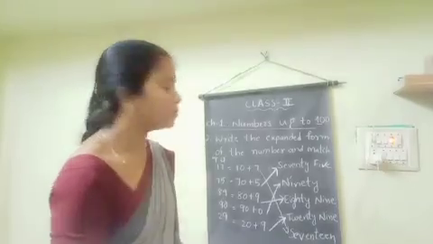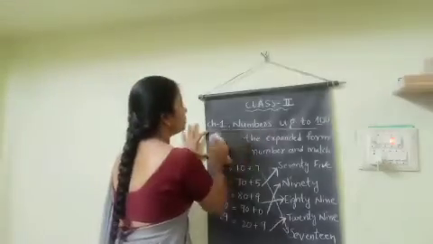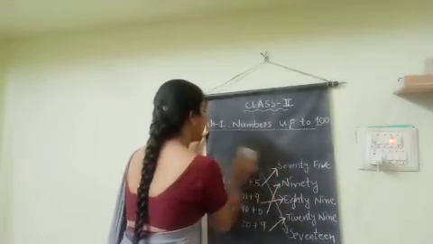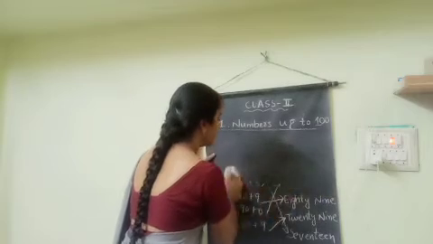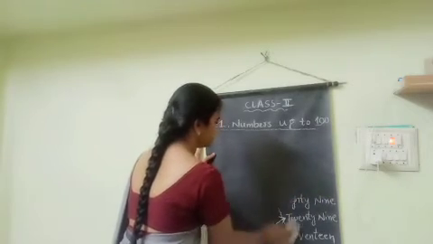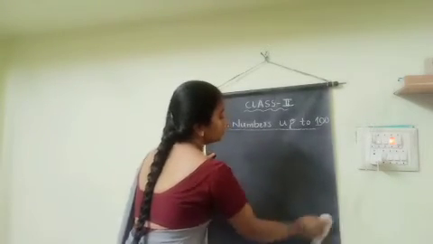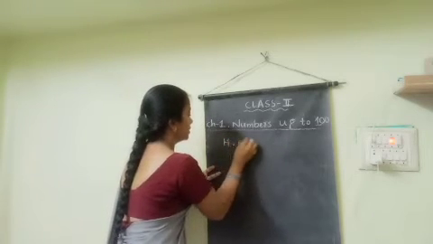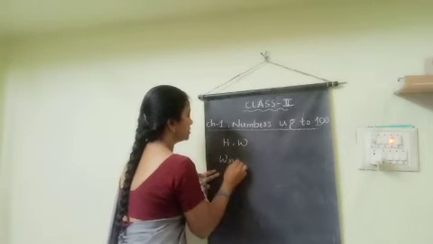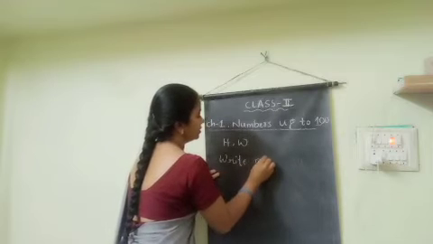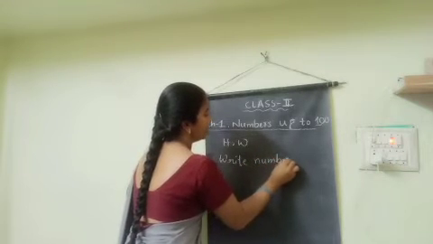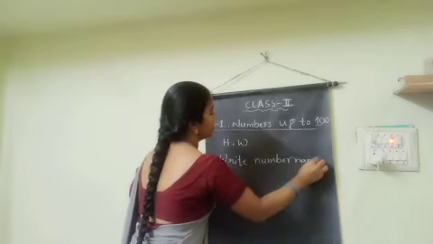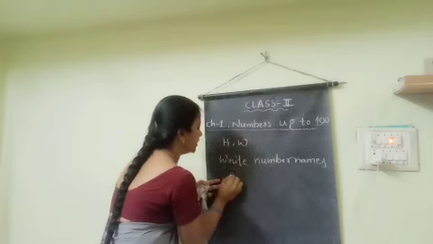So write down today's homework. What is the homework for today? I am going to give the number names. Write the number names. Homework for today: write the number names 1 to 20.